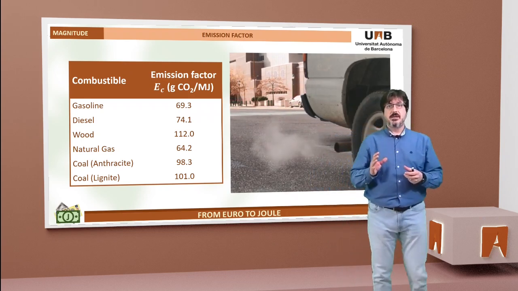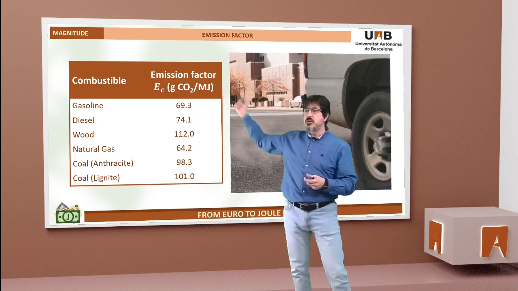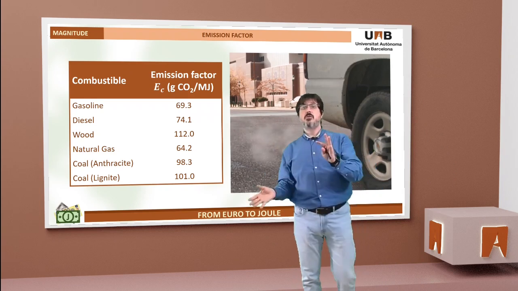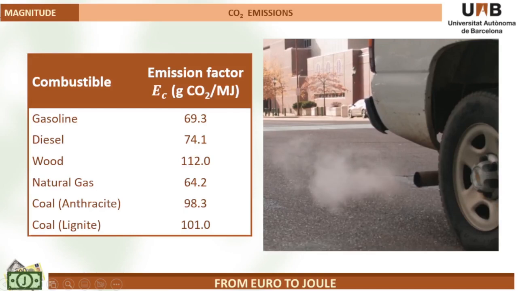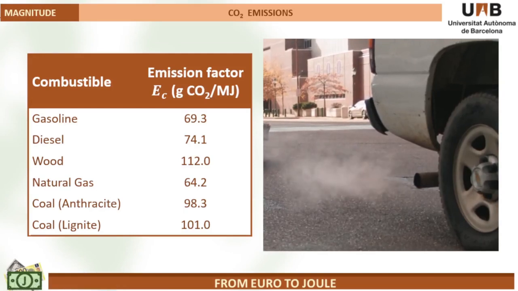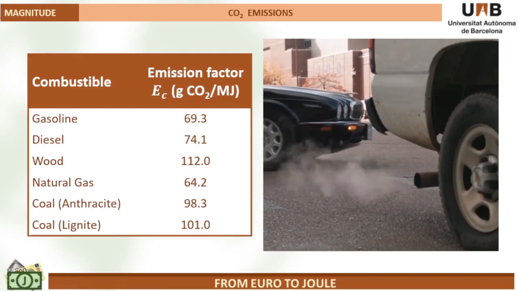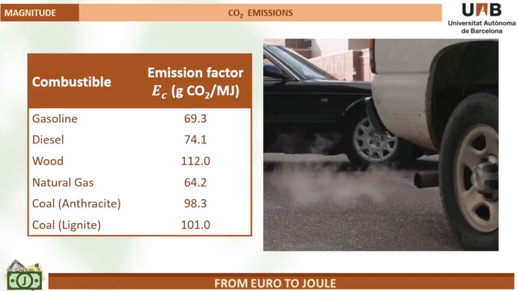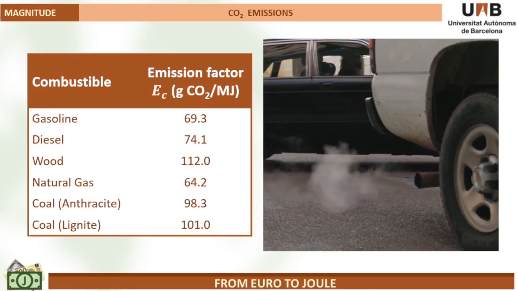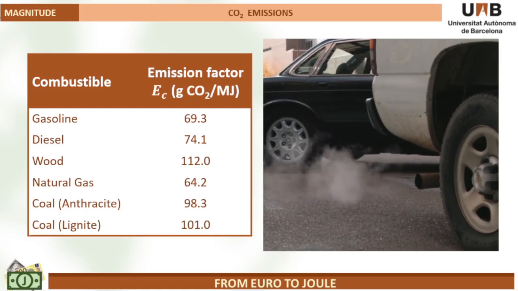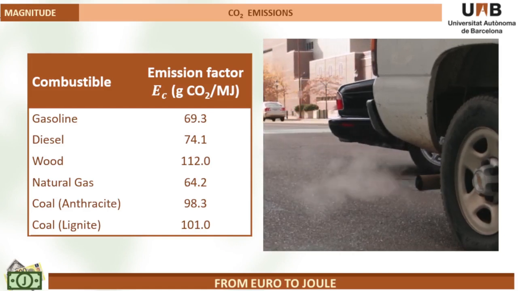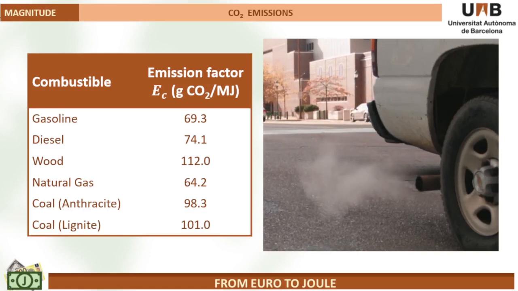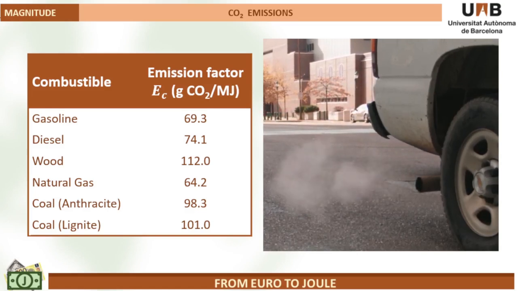It's important that you notice that it's not done in terms of the amount of mass that we burn, because different fuels give us different amounts of energy, and as the final goal of burning these fuels is obtaining energy, the important magnitude is how much carbon dioxide we emit by obtaining the amount of energy that we want.